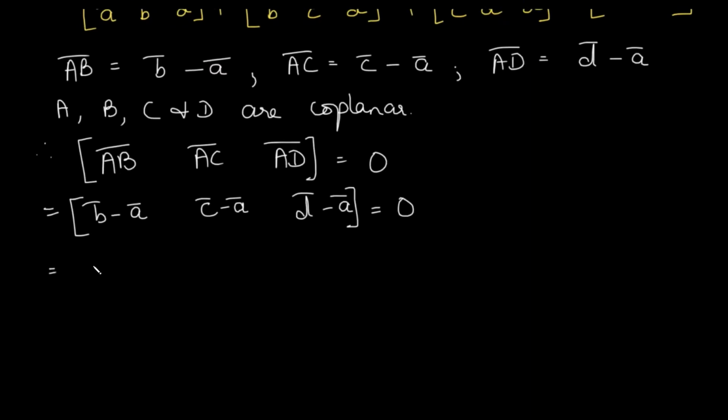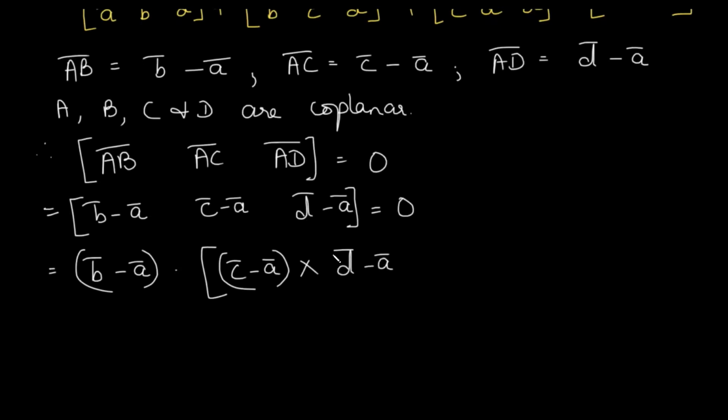Now this can also be written as B minus A dot C minus A cross D minus A. Those who understood the previous sum will find it quite possible to understand this sum actually. So pay proper attention here. So we have B minus A dot.